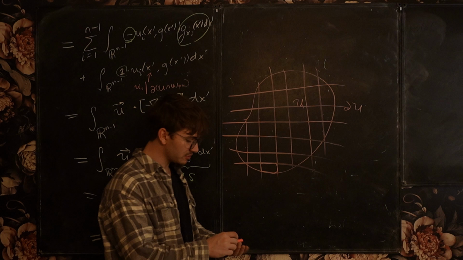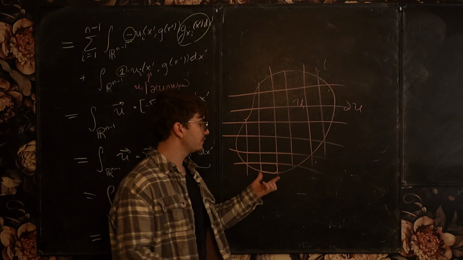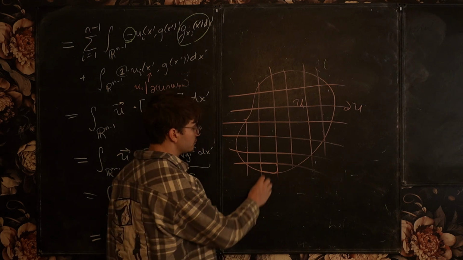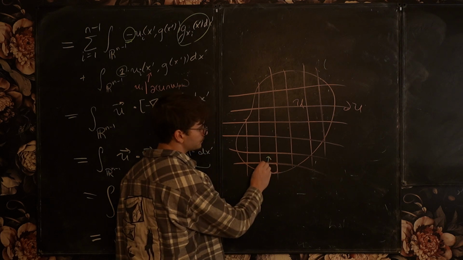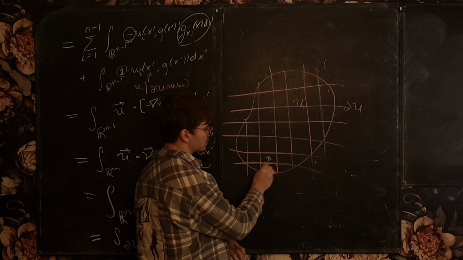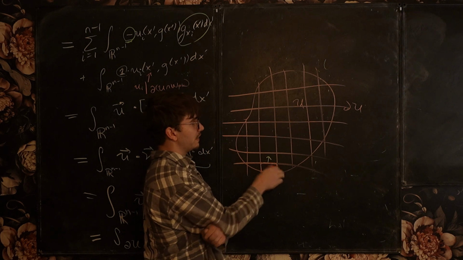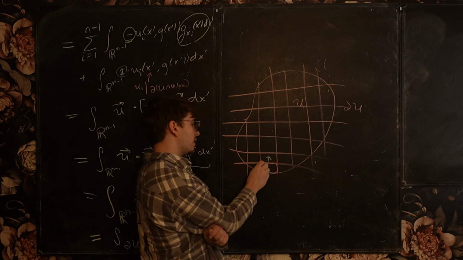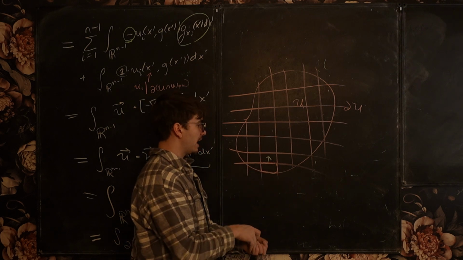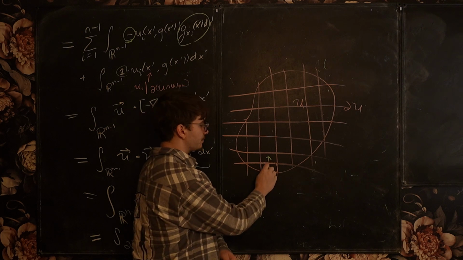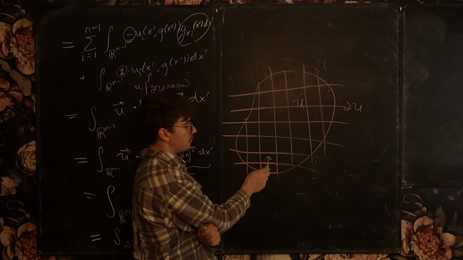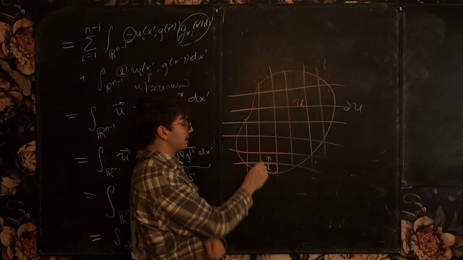And then we can use the fact that if we prove the theorem on these boxes, the outward normals, if I look at the boundary of this box which is in the interior of U, has an outward normal which cancels the outward normal of the box above it, okay?